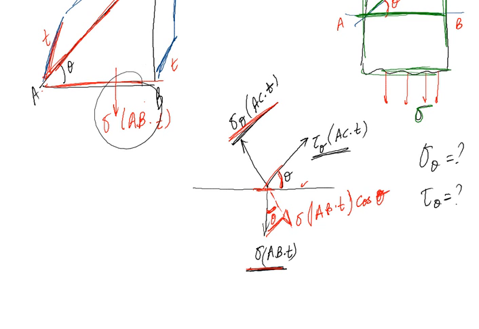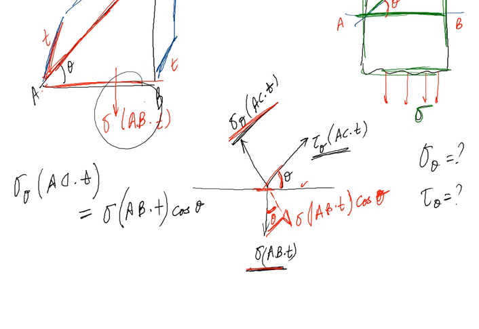This means I can write down sigma theta into AC into T is equal to sigma into AB into T cos theta.